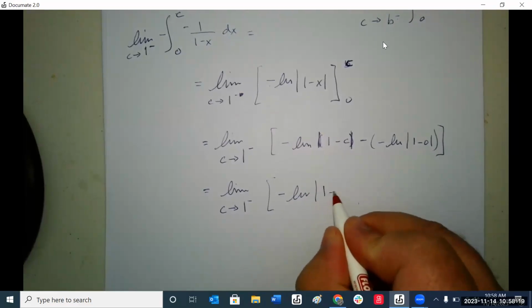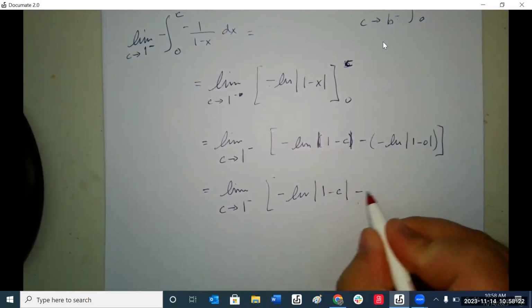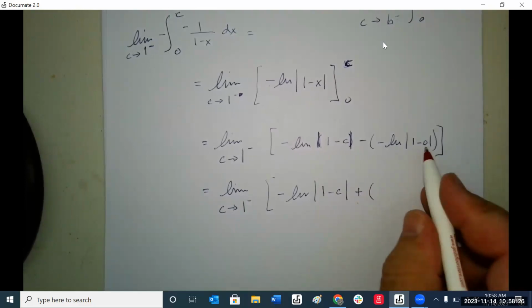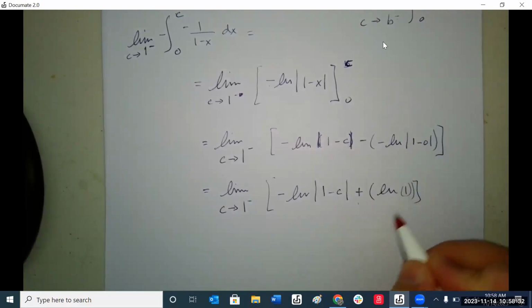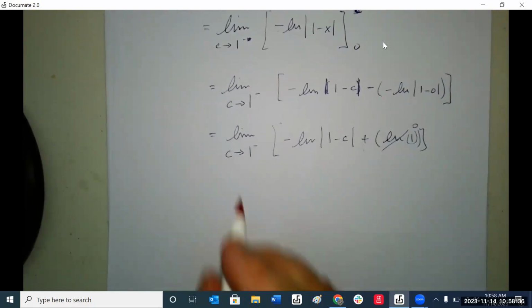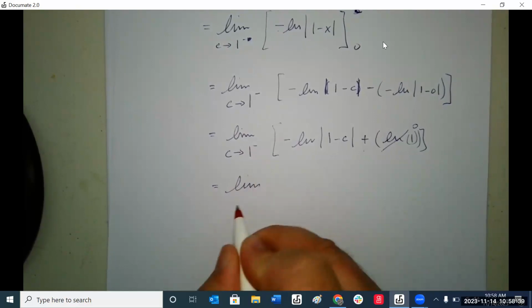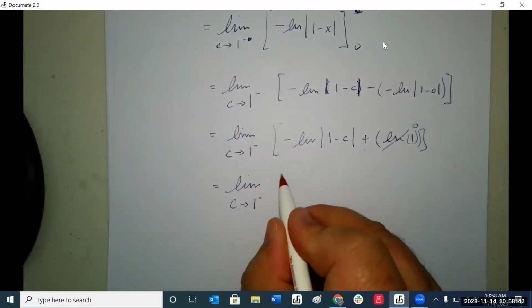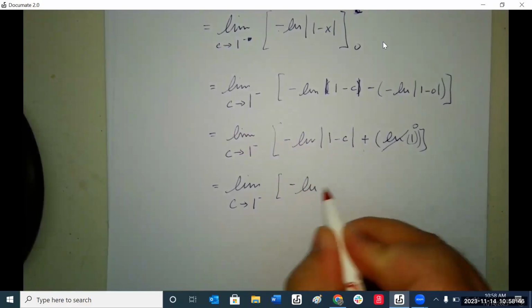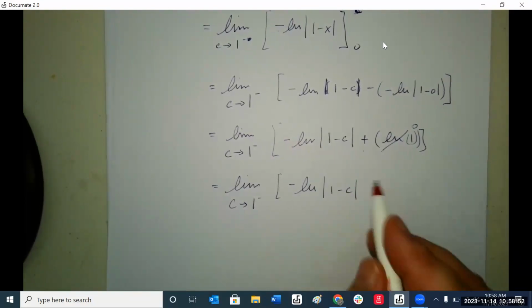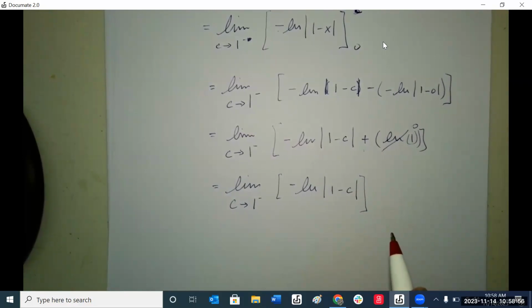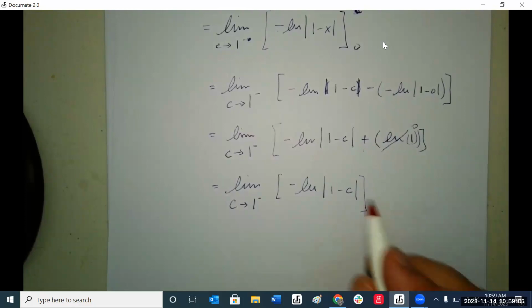As C goes to 1 from the left, this becomes a plus ln 1, which goes to 0.